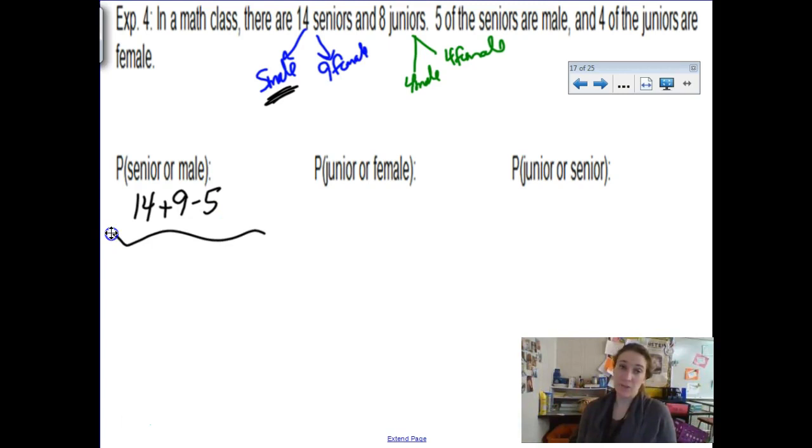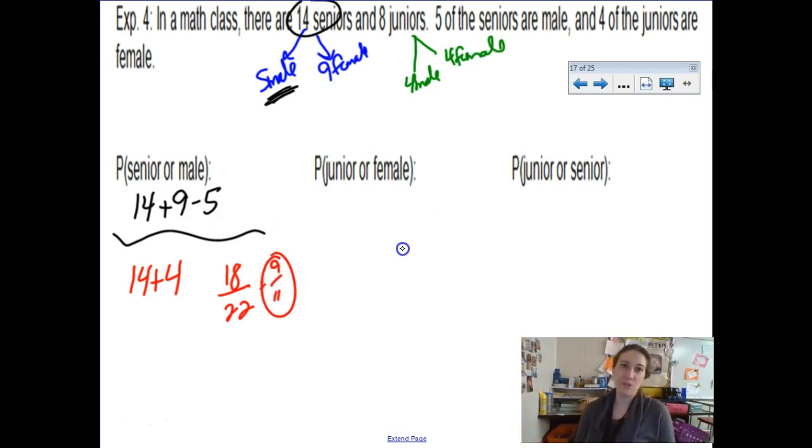Or, this is how I would have done it. There's 14 seniors. And then any other males out there that I haven't counted, these 4 males. So that's how I'm going to get 18 out of 22, which, yep, I should be able to do that in my head. I know, 9 out of 11, right? Yeah.